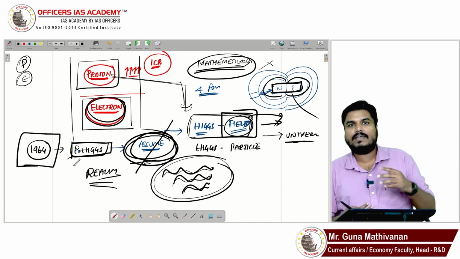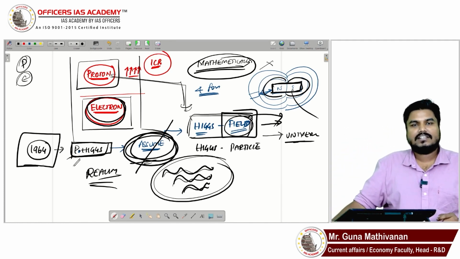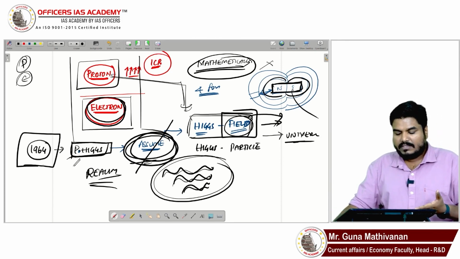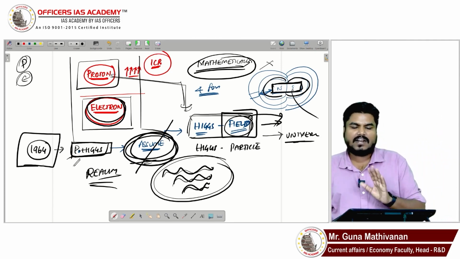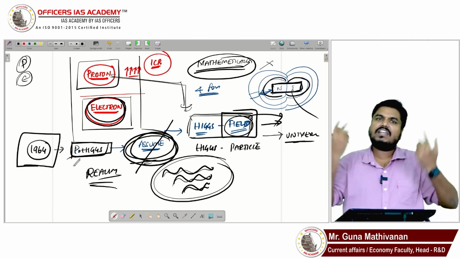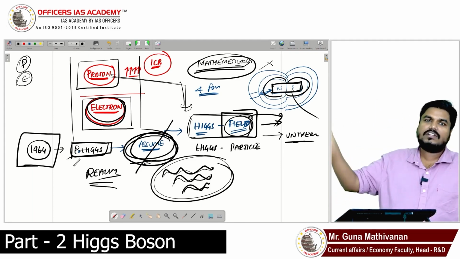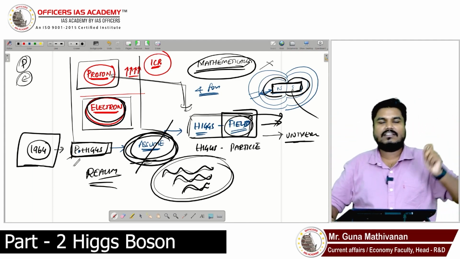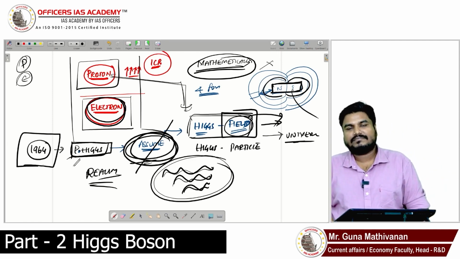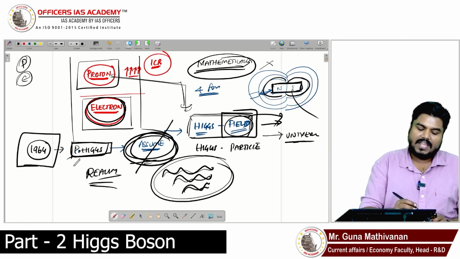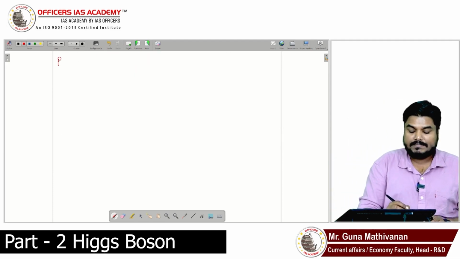We are able to understand why proton is heavier and electron, when compared to proton, is less heavy. All this we are able to answer with the Higgs assumption, but Higgs says it is not an assumption, that is the reality. There is a new force, there is a new field which is spread across the universe, and that is what is creating all this. Able to understand? So now we have to prove this. We have to experimentally prove this.